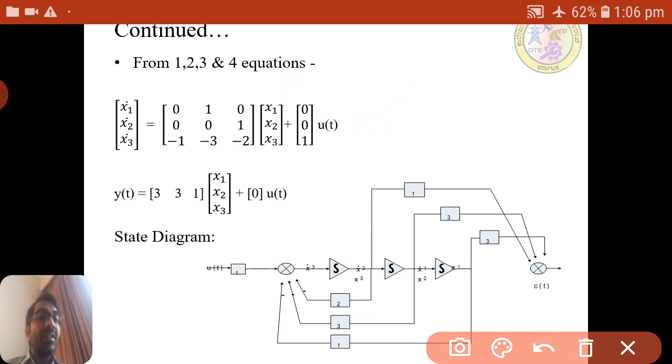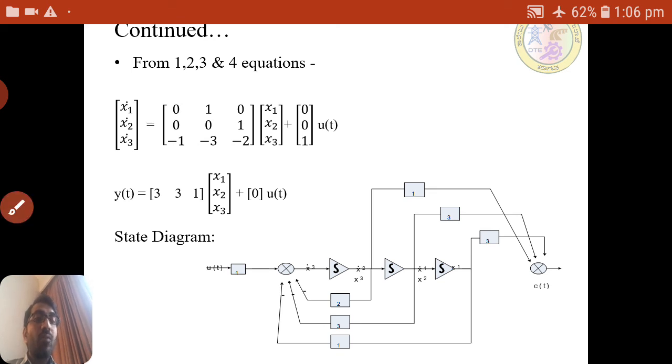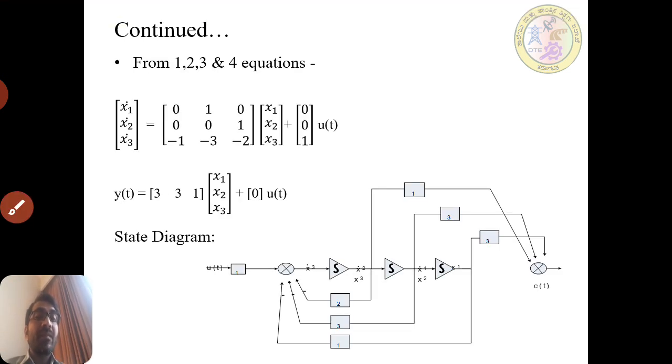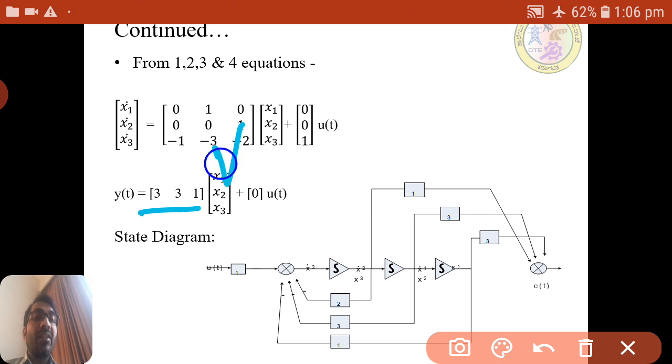Similarly, the second part: y of t is equal to 3, 3, 1 into x of t, plus 0 into u of t, since in equation 4 the coefficients of x1, x2, x3 are 3, 3, 1. So this is y of t.